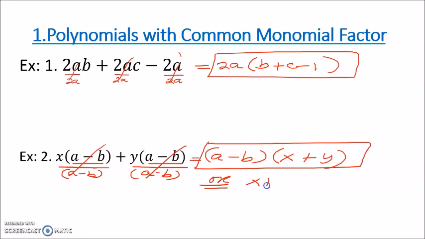Pwedeng x plus y times a minus b. Pwedeng ganito ang form. Kasi pag nasanay ka na, kung titingnan mo ito, common itong dalawa. So, you can just write right away x plus y times yung common a minus b. So, ganito na siya.